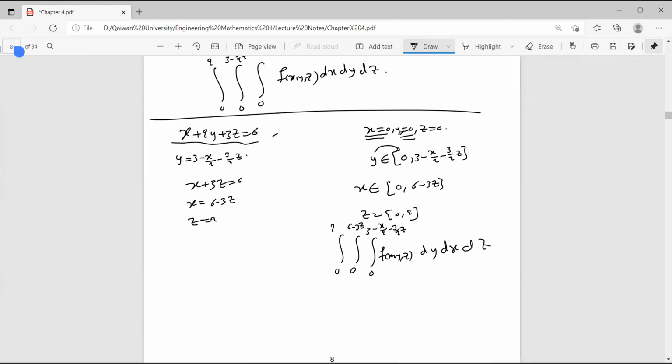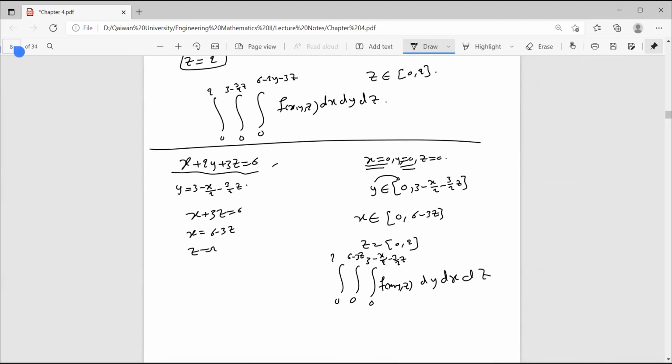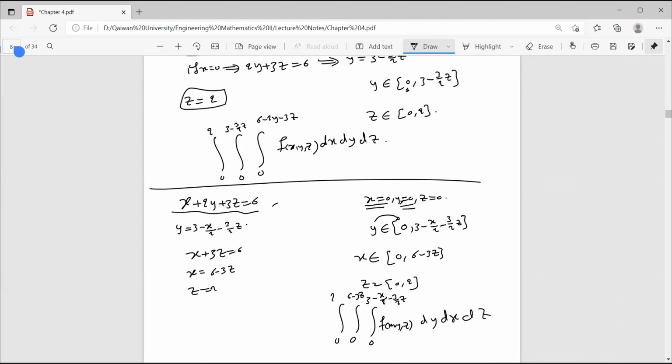As you see, here we have two different types of the triple integrals. Now, we first find z, then x and y. And in each case, we can have another case. Here, we said x equals 6 minus 3z.